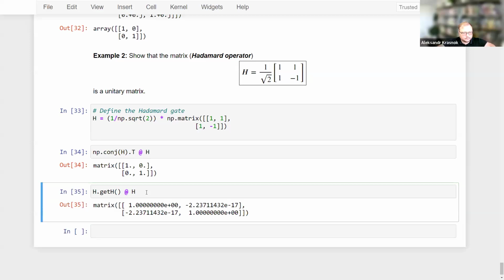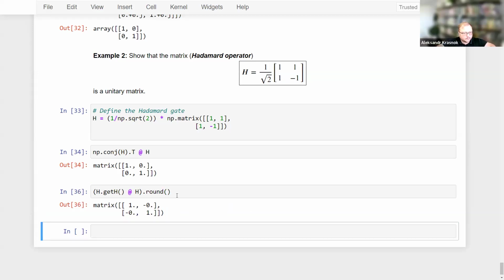It's the same thing, up to numerical accuracy. So if you, for example, round this, you will get 0. So it's the identity matrix.